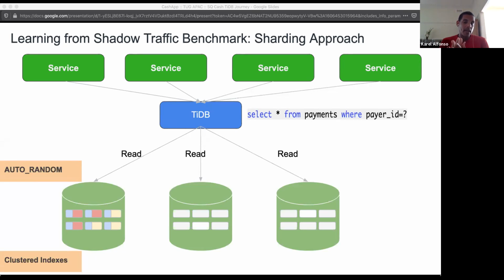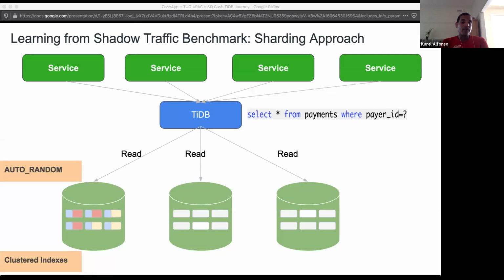And we came up with, in the discussion, the idea of using clustered indexes, which is prefixing the primary key, or essentially having a concatenated key. In our case, we want to shard by customer ID, as it was in Vitess, and using clustered indexes, we can redesign the payments table to have the primary key of the customer ID plus the payment ID.